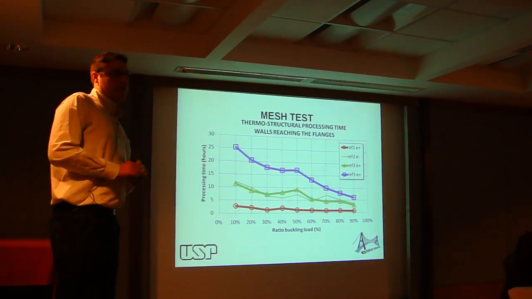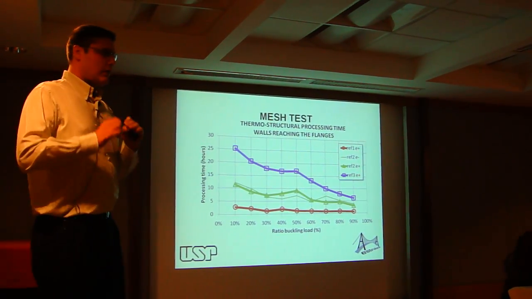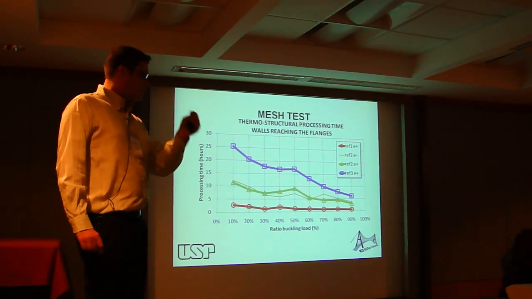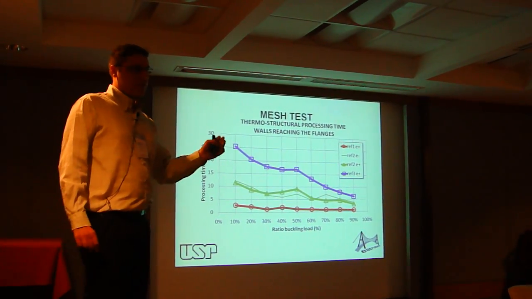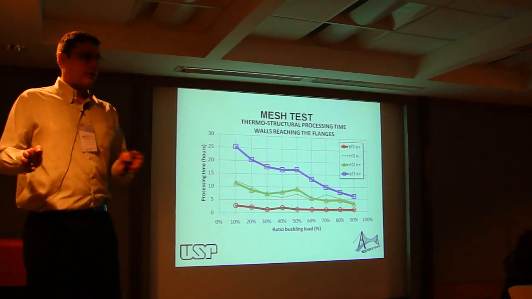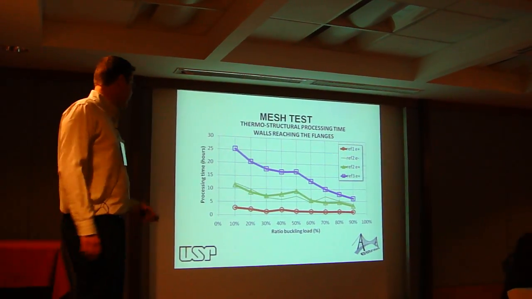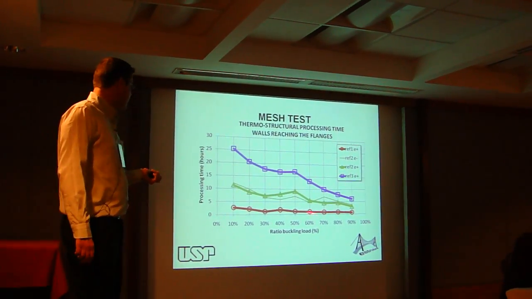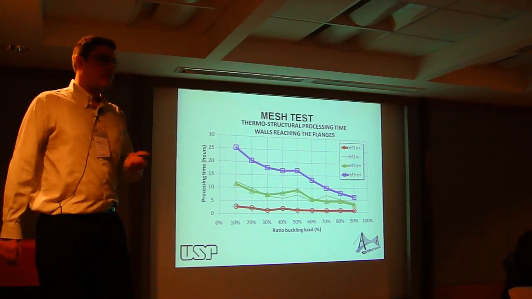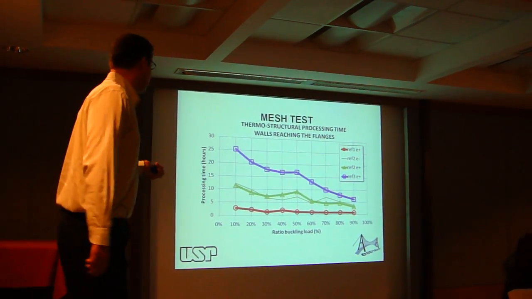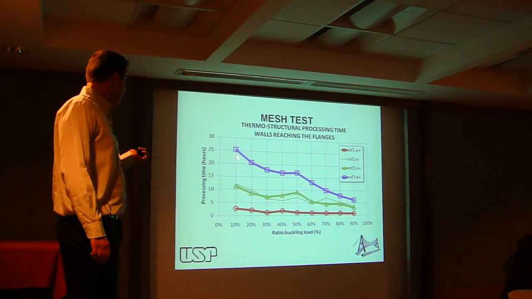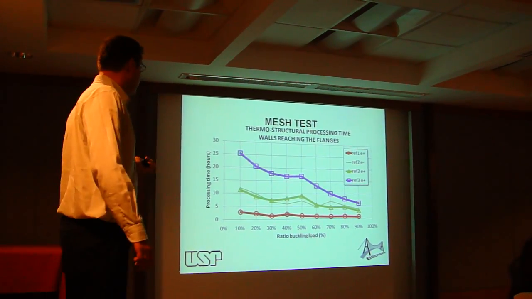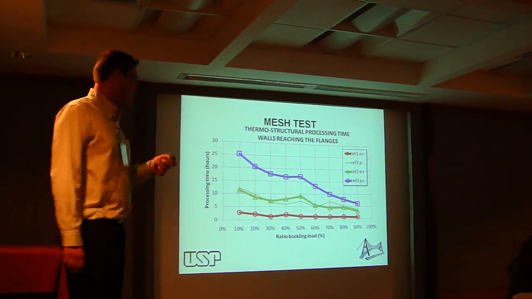A mesh test was performed to find the best mesh, with satisfactory results and efficiency of the processing time. The first mesh, named Ref1, this red line, is the coarse mesh, but doesn't have satisfactory results. The most refined mesh, named Ref3, has a good approach, but spends a lot of time.